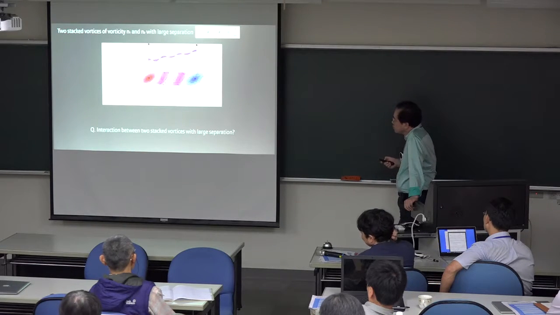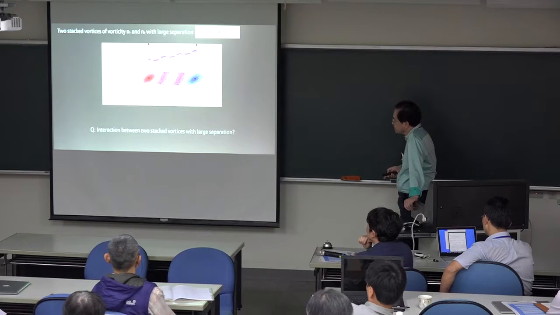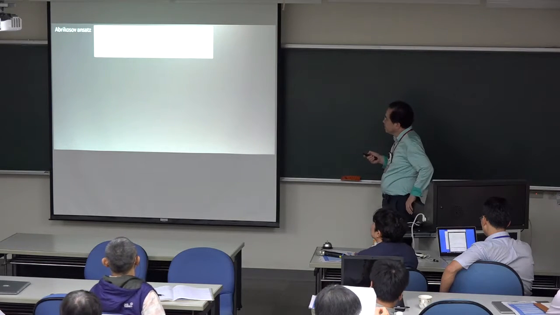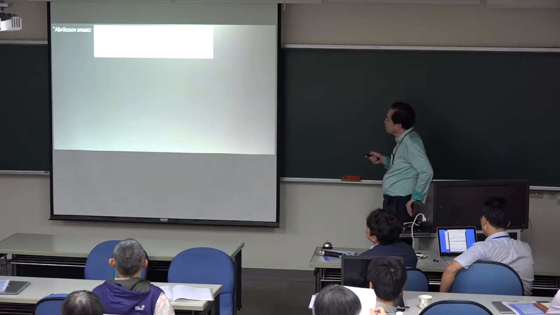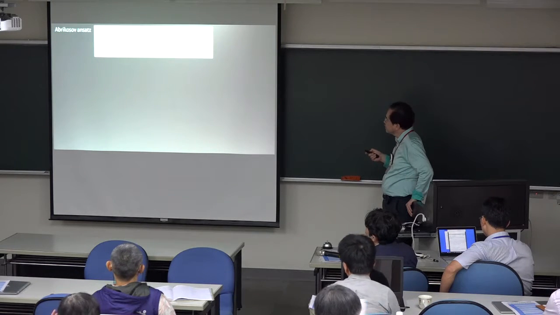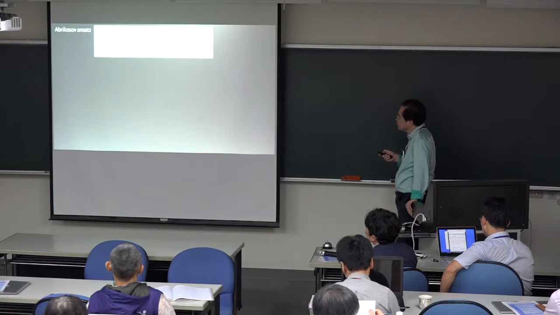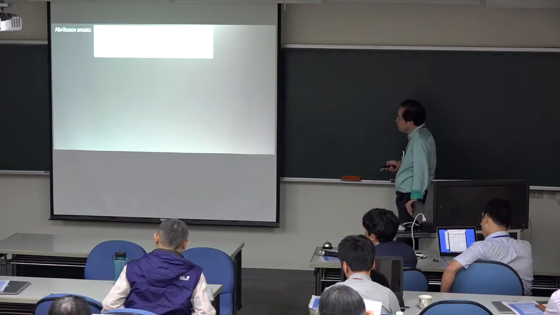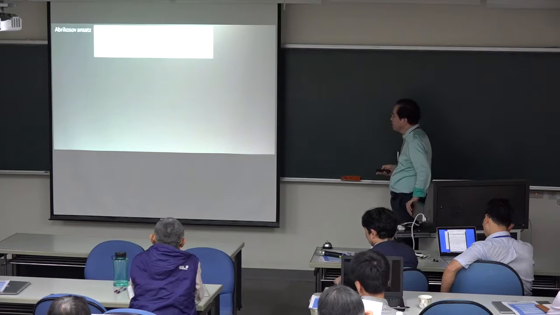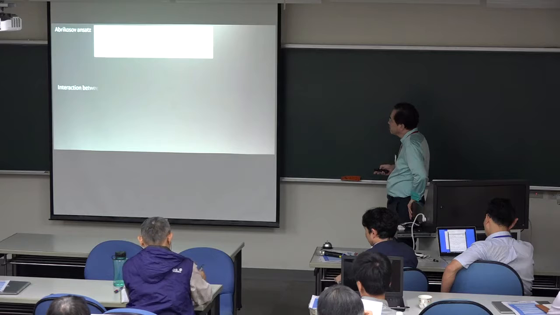So the intriguing question is, again, the interaction between these two stacks with a large separation. Then I employ the Abrikosov ansatz, which means the product of the scalar magnitude and the scalar phase, and the addition of the gauge field. This ansatz is valid only up to some level.